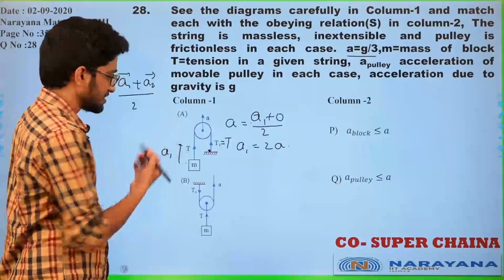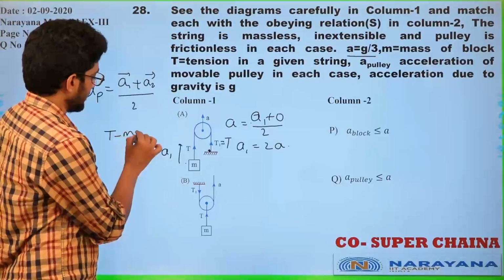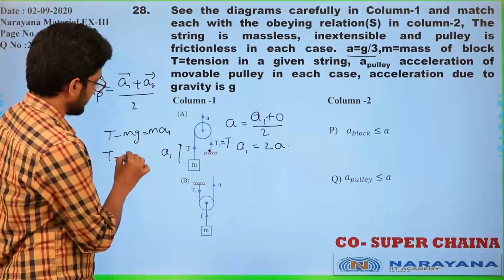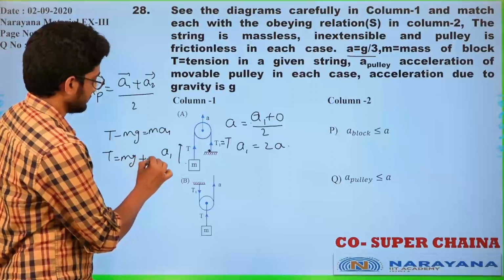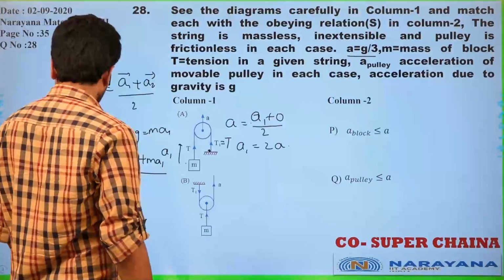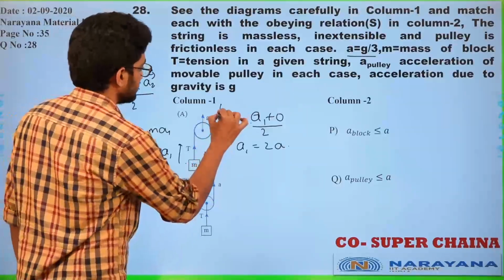It has an acceleration a1 upwards. So T minus mg is m into a1, or tension is mg plus ma1. So tension is definitely more than mg. So that option is correct. That can be matched to this, so that is option R.